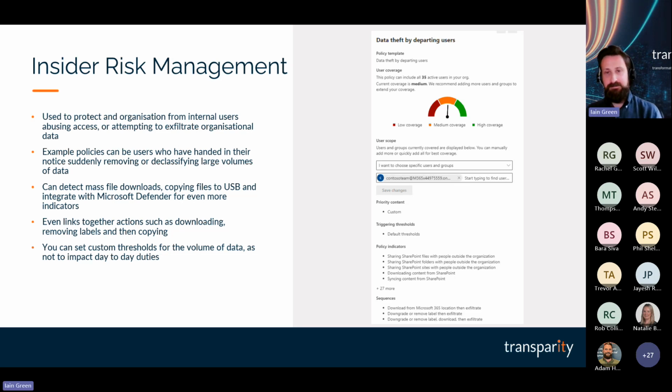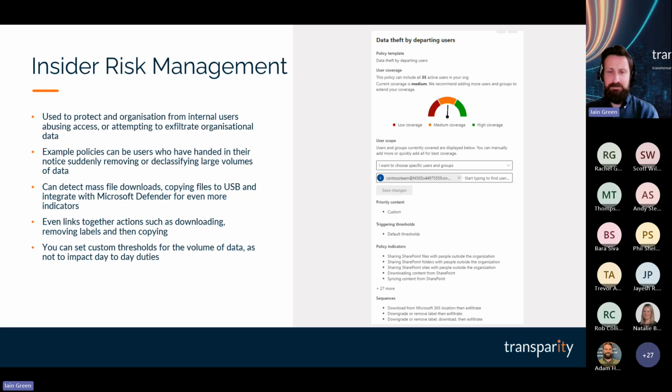If I give an example of a user that downloaded 10 files over a period of 2 hours, that's fine. That would be deemed normal use, so you wouldn't necessarily want to flag that.